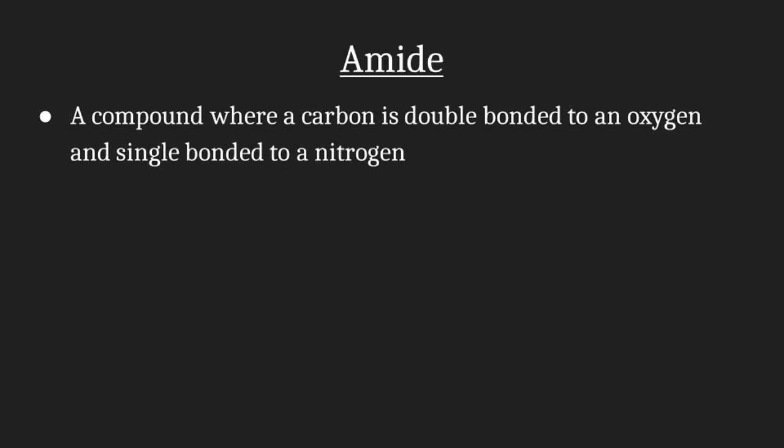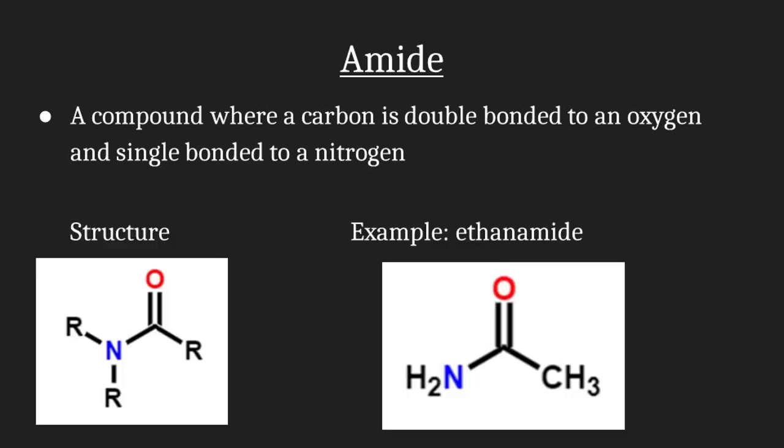And the last type we're going to talk about is an amide. This is a compound where a carbon is double bonded to an oxygen, and that same carbon is single bonded to a nitrogen, as seen in ethanamide, where there's a chain of 2 carbons, and on one side that carbon's connected to an NH2 and double bonded to an oxygen.